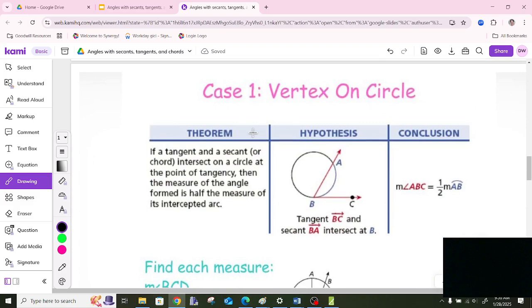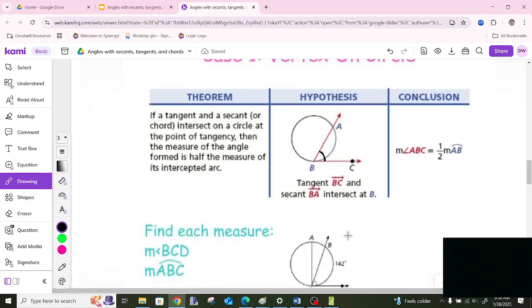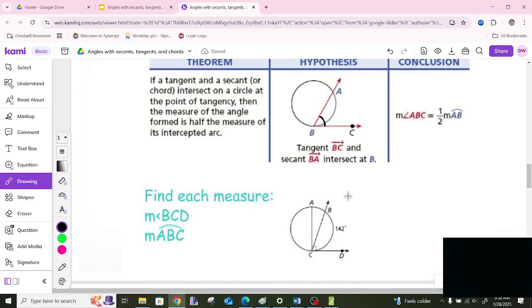When the vertex is on the circle, that just means it's kind of like an inscribed angle, so this angle here is half of the arc measure. So this arc that's in between here, half of this arc is this angle measure. Or if I have the angle measure, I double it to get the arc.